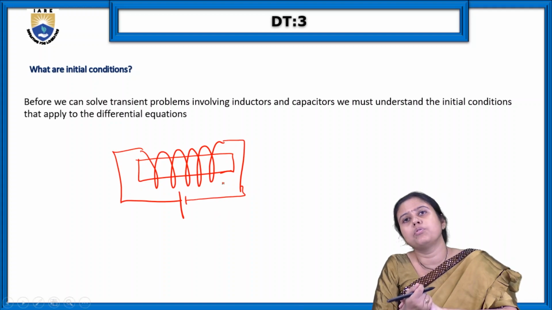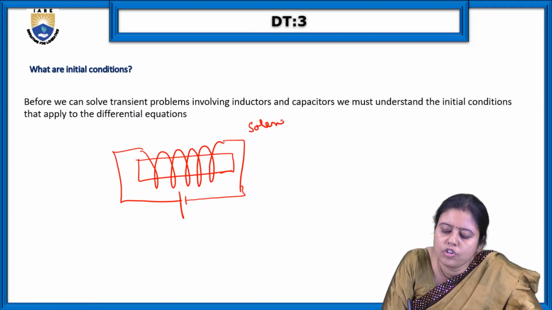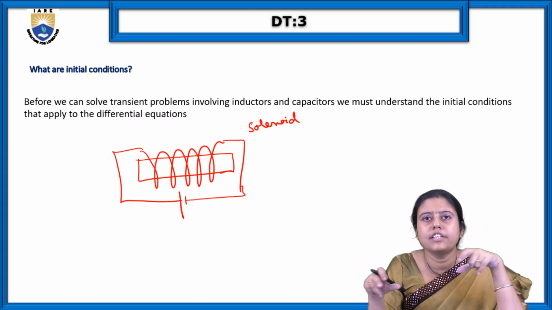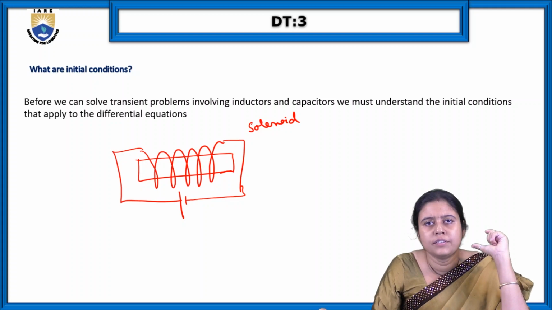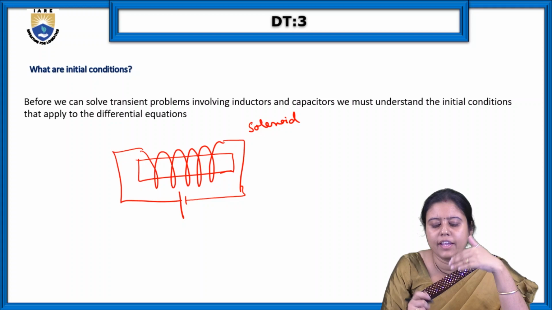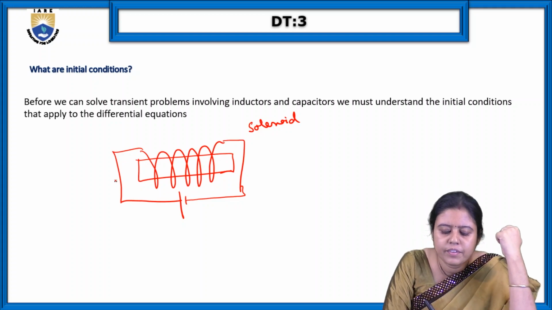We are connecting it with the voltage source. So this is called the solenoid: one rectangular shape of magnetic material on which we are keeping the coils. Now we are giving the current here.